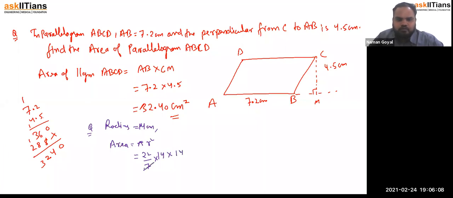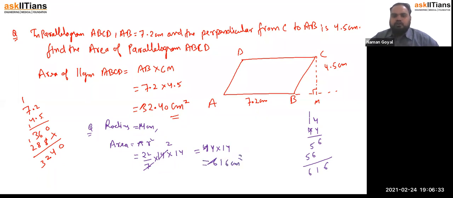It will be cancelled out by 2 times. It becomes 44 into 14. If you solve 14 into 44, it will be 616. So the answer is 616 centimeter square.